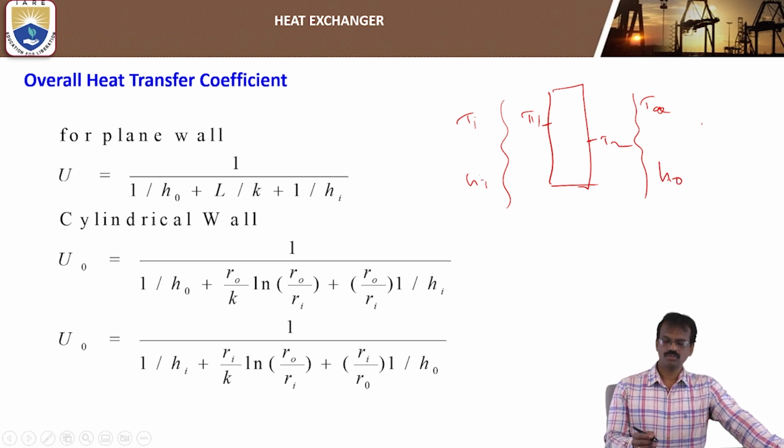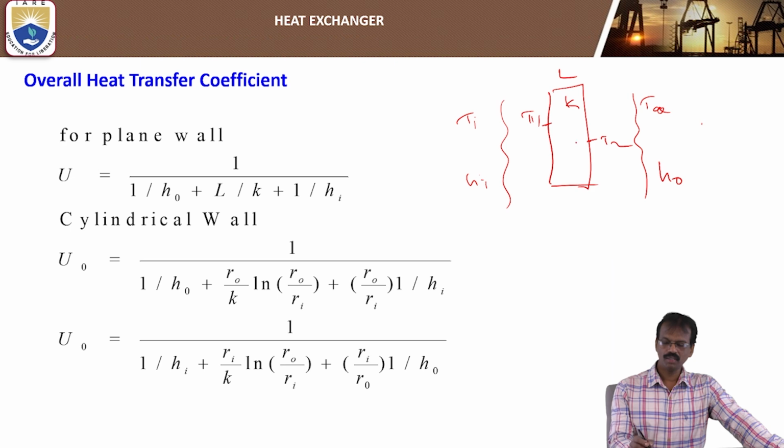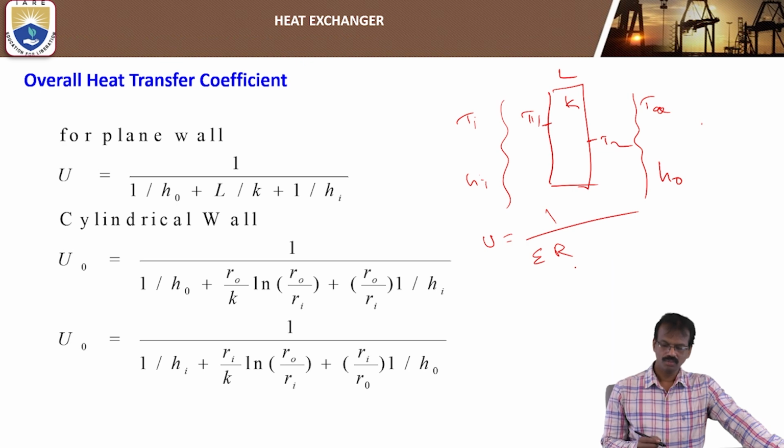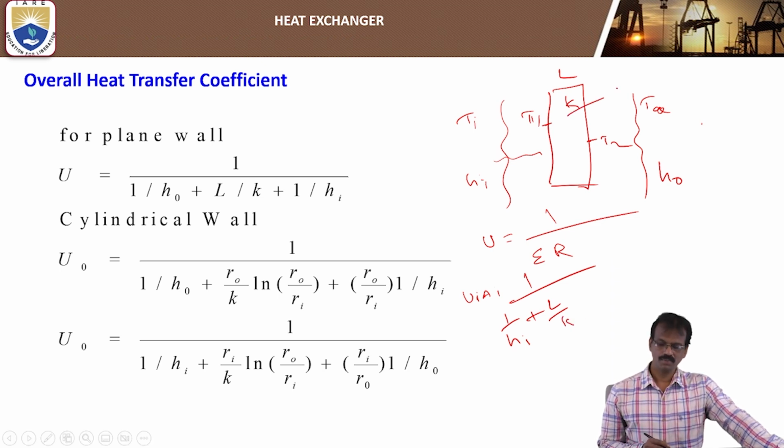In this case, the thermal conductivity is K and the thickness is L. The overall heat transfer coefficient U is equal to 1 by sigma R. If you take UiAi, first 1 by hi, which is the convection process, plus L by K. There is one body, one plane, and L by K is the thermal resistance of this body with respect to conduction.